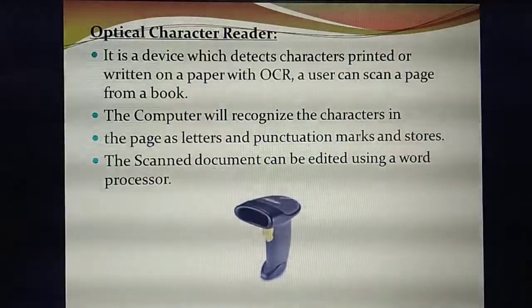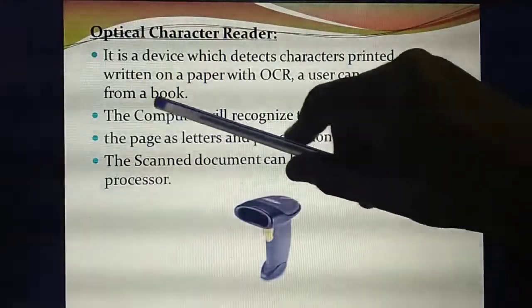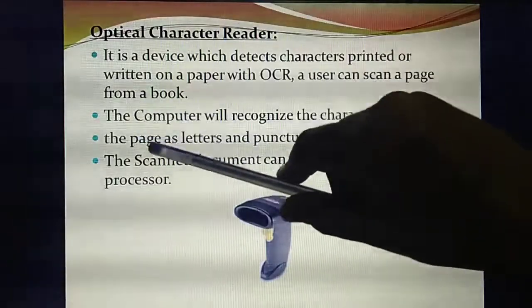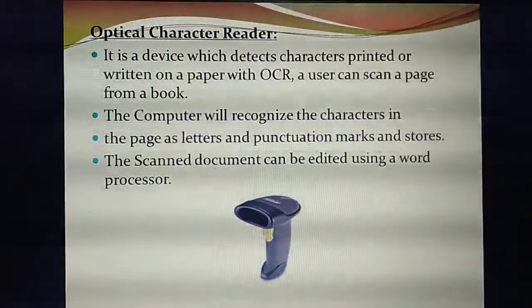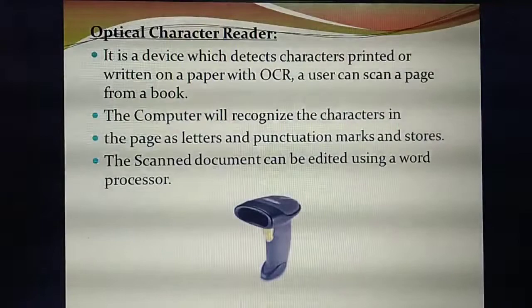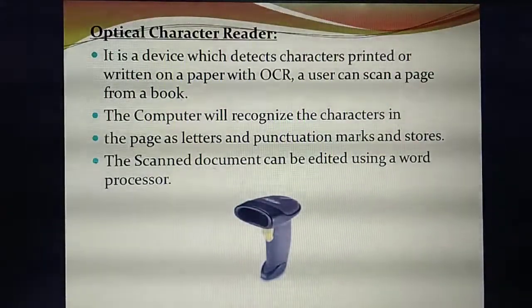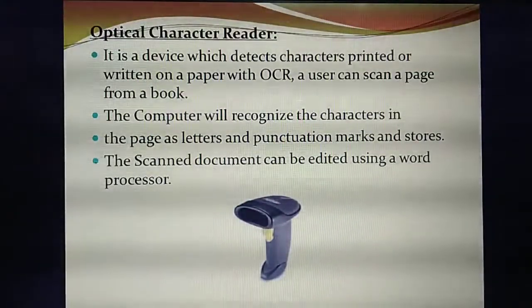What do you mean by character? In the word COMPUTER, C is one character, O is one character, M is one character. Understand? So you can detect character by character.